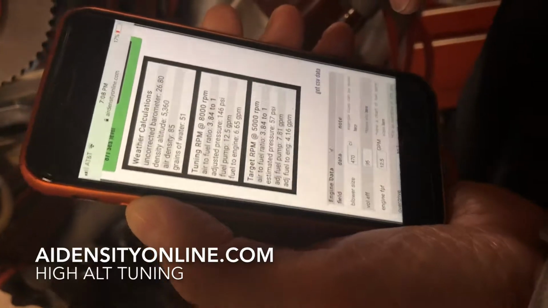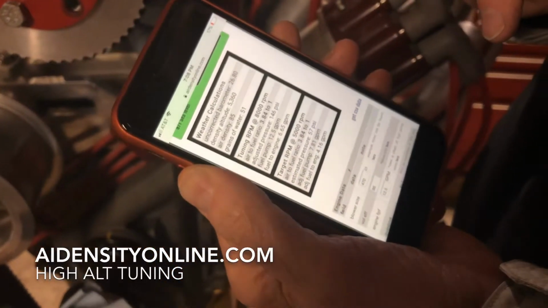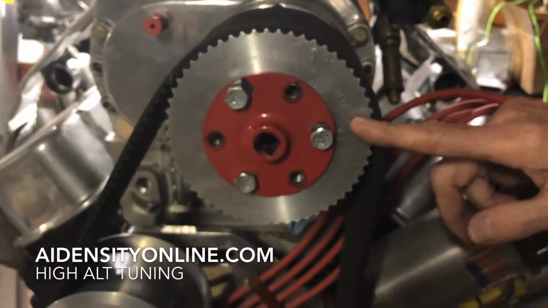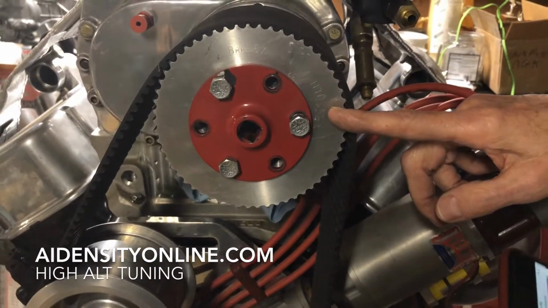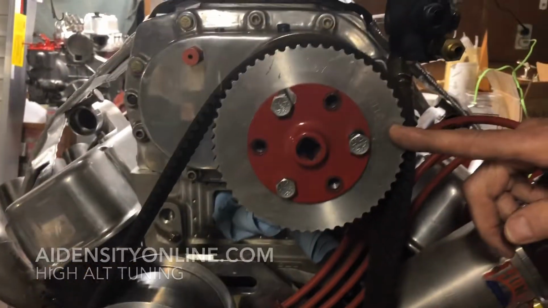And that takes me to 3.84, which is right in the ballpark of our air-to-fuel ratio. So for this track, if I do nothing but change the blower overdrive on the engine from 14% over to 25% over, the engine will run the same.